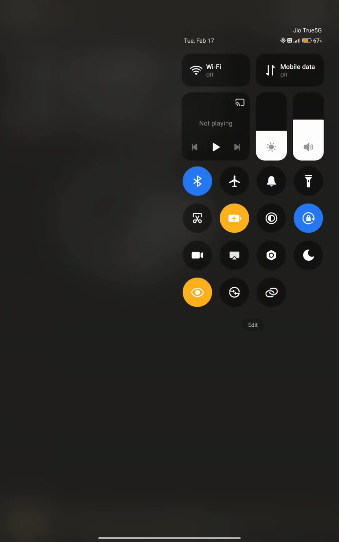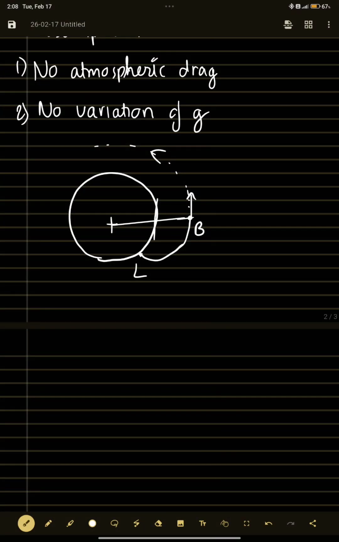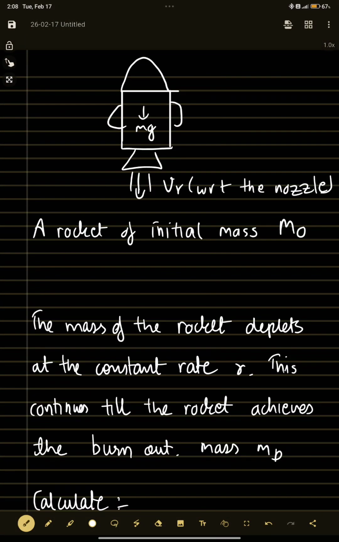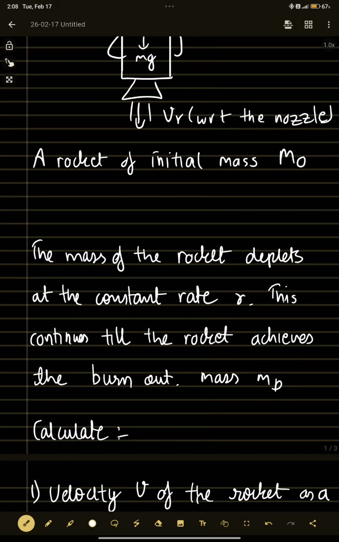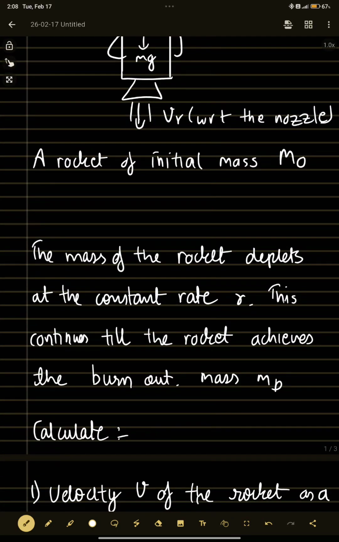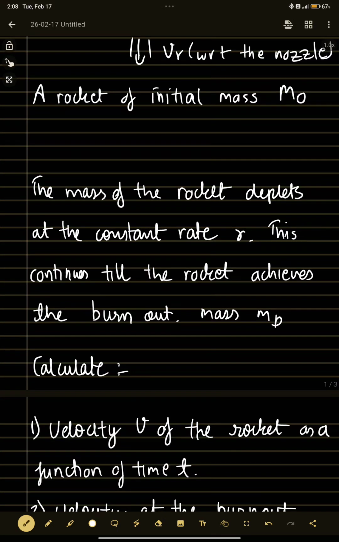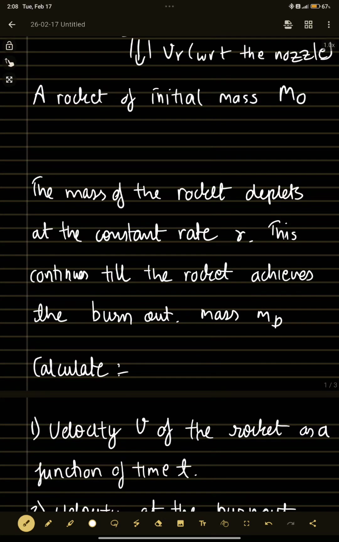So in this problem you have a rocket with initial mass m0, and this mass, whatever is contained in the rocket, gets depleted because of combustion, and this depletion occurs at constant rate r. Then this depletion continues till the rocket comes to burnout.